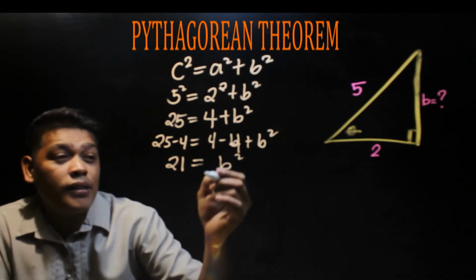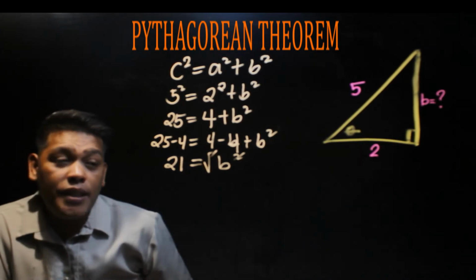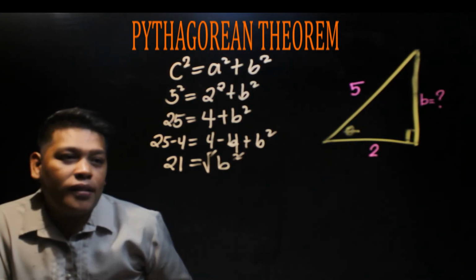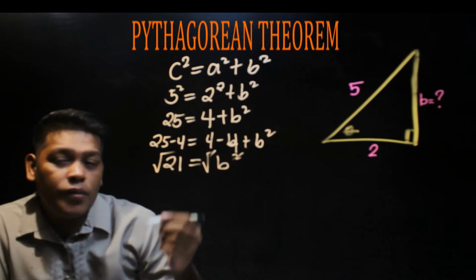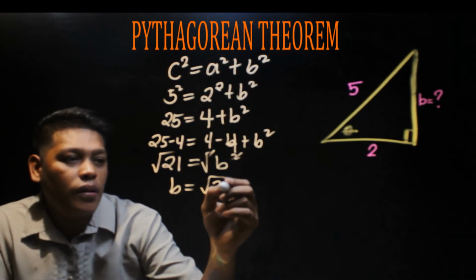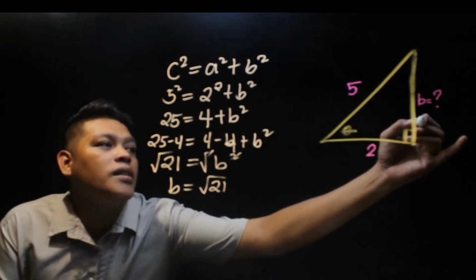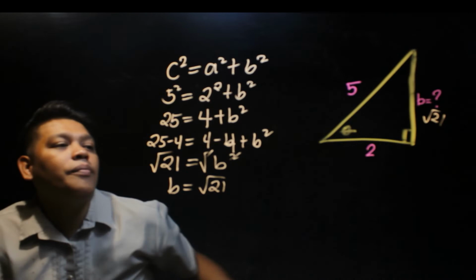We take the square root to get rid of the exponent, so B is equivalent to the square root of 21.